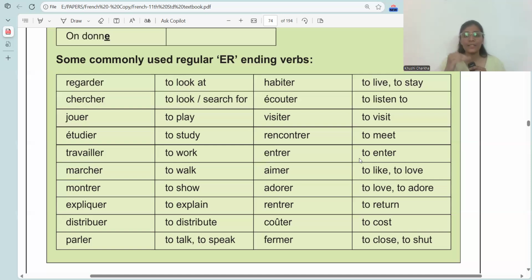The radical. Step 3, add the endings: for je, E; tu, ES; il, elle, on, E; nous, ONS; vous, EZ; ils, elles, ENT. Then solve the verb donner. Then solve 5 more verbs from this given table, and please learn the meanings of all the verbs. Even if you're not solving all the verbs, you have to learn the meanings of all of them.